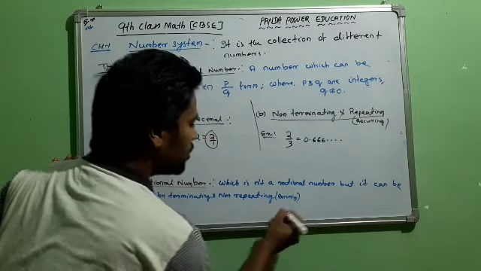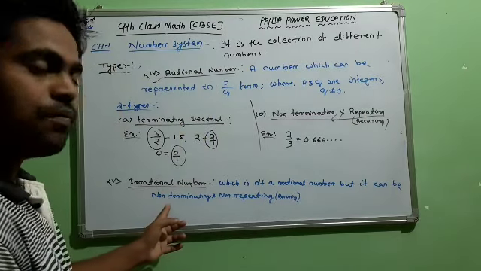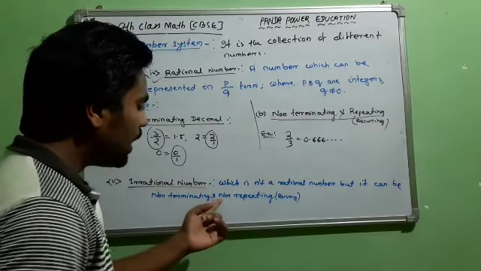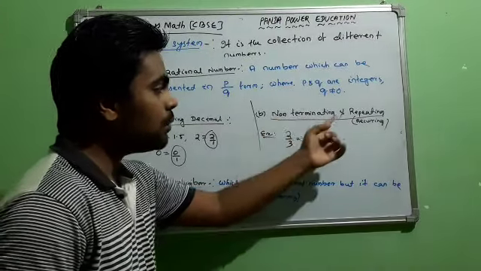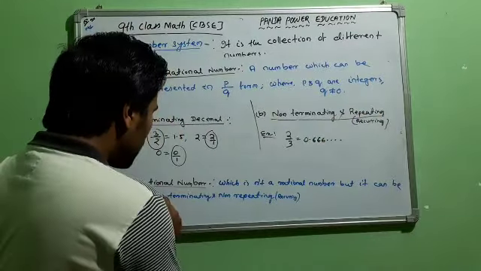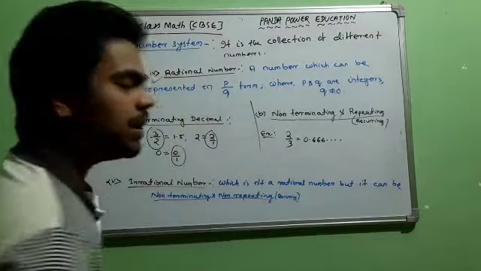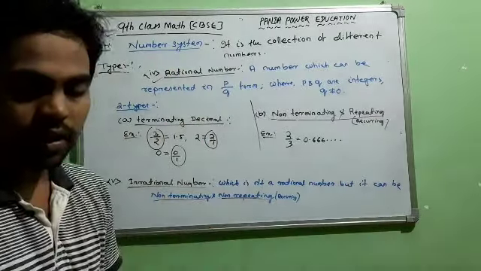Repeating means recurring. Here it is non-terminating and repeating, but here non-terminating and non-repeating. That number is called an irrational number.